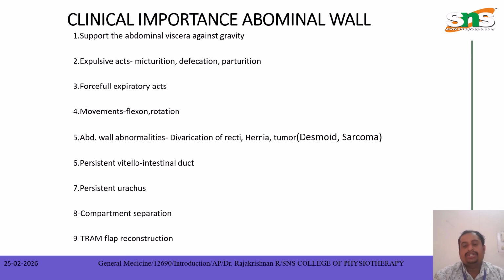It is done in the lower part of the umbilicus, and from there they go inside the uterus and take out the baby. It's the main thing we are going to see about the abdominal wall.